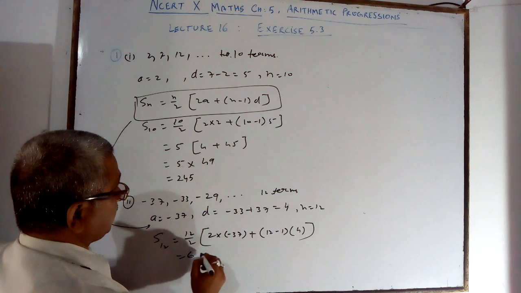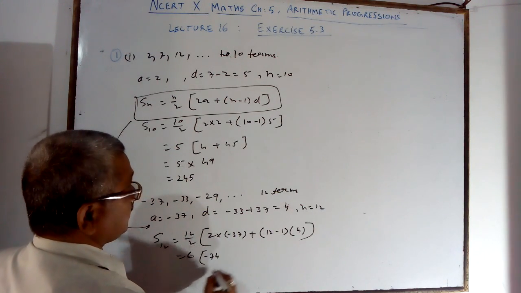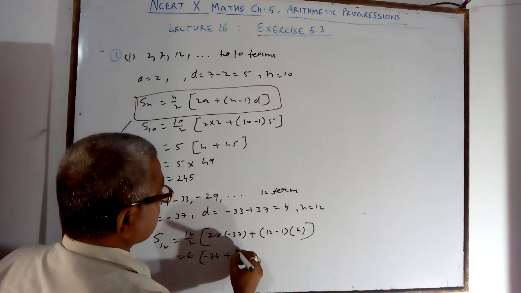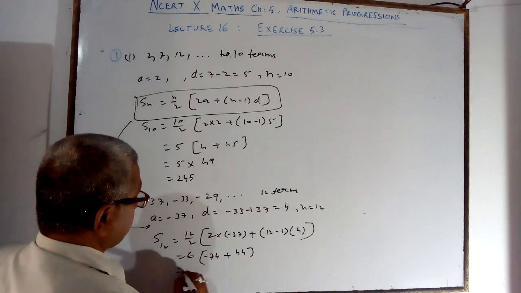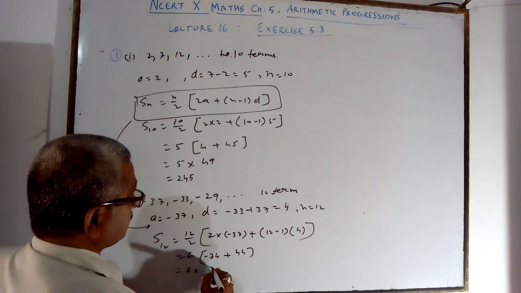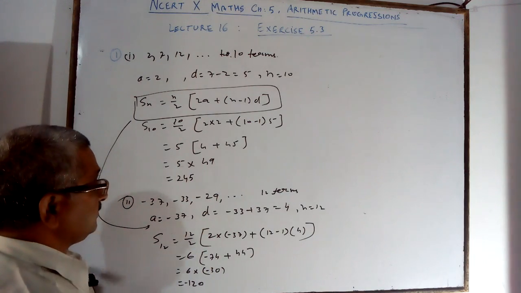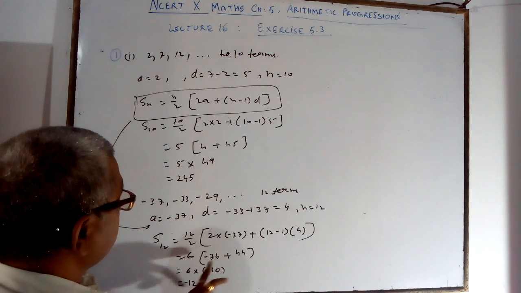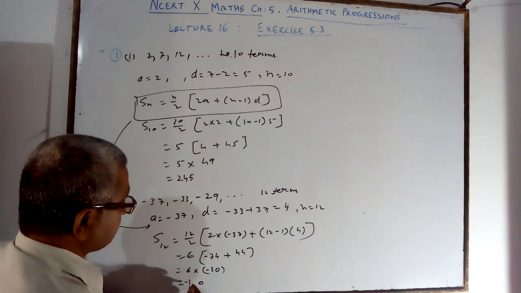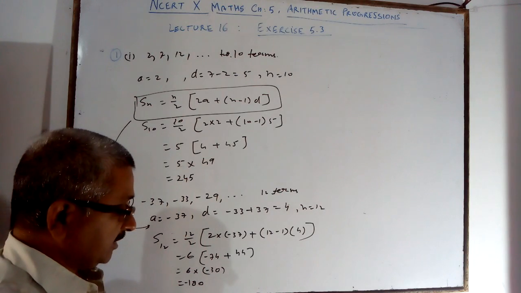So here you are getting 6 times (minus 74 plus 11 into 4, that is 44). So you are getting 6 into minus 30. So minus 180 is the sum. 6 times 3 is 18, so 6 times 30 is 180. What is your answer? You are getting the sum as minus 180.